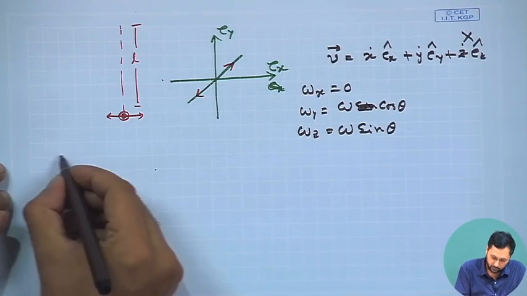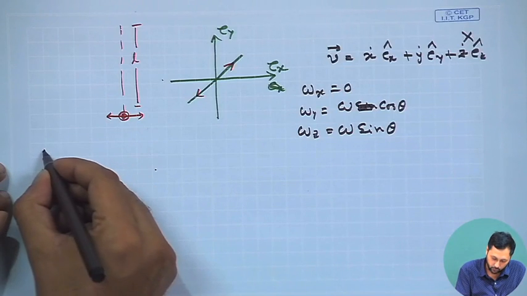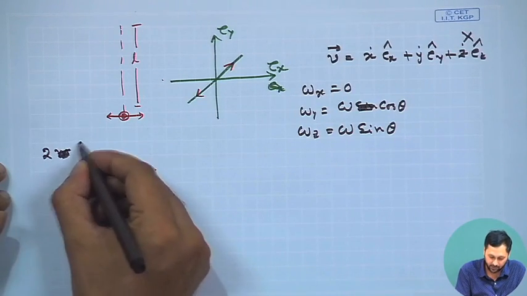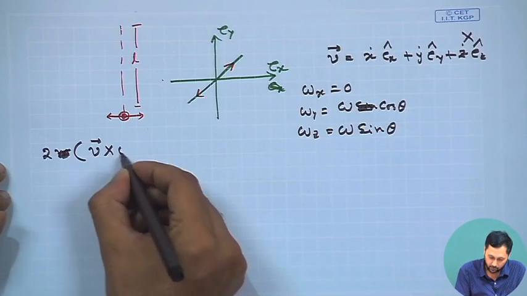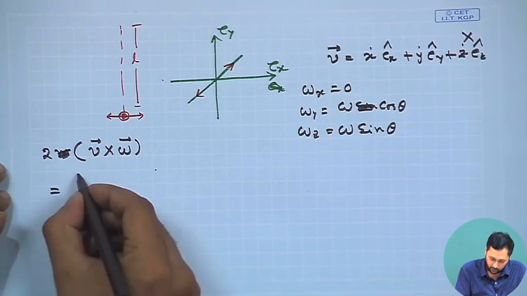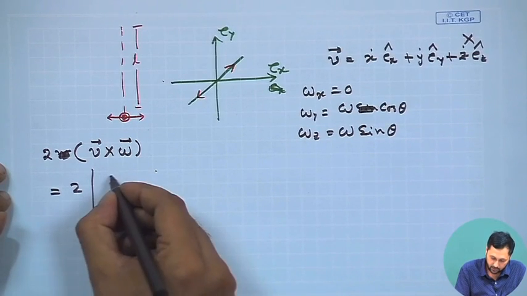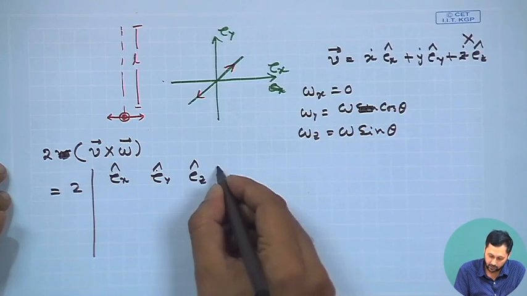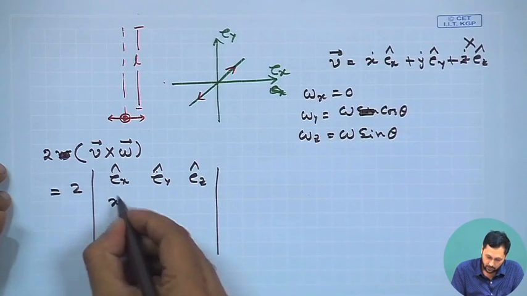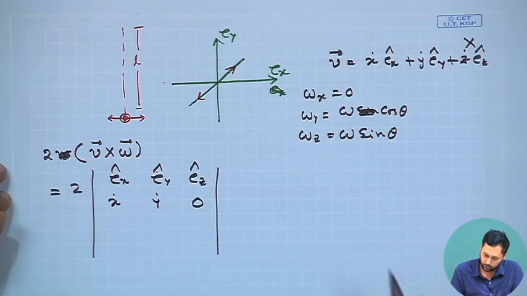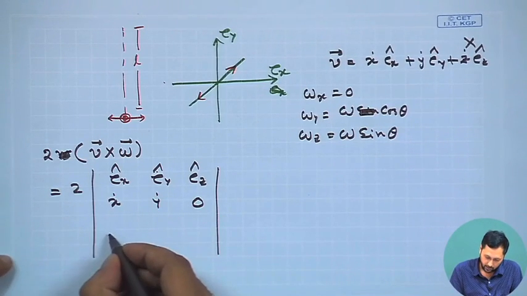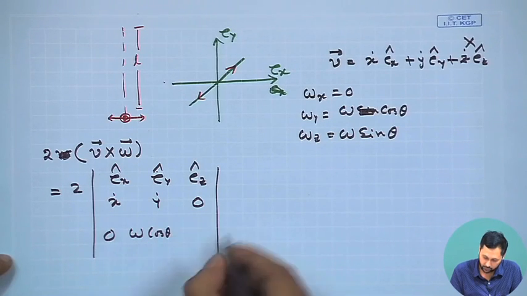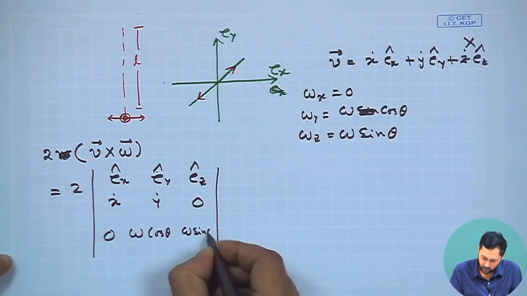Now, using this, if we try to calculate the Coriolis acceleration, we can get rid of the m, it is 2 times v cross omega. So there is a 2 here, and the determinant of Ex cap, Ey cap, Ez cap; x dot, y dot, 0, where we are taking z dot equal to 0; and 0, omega cos theta, omega sin theta.